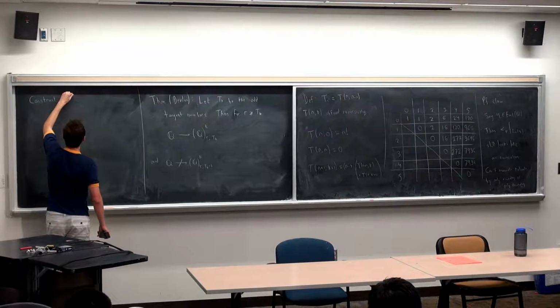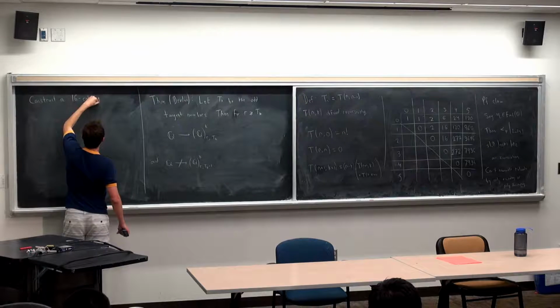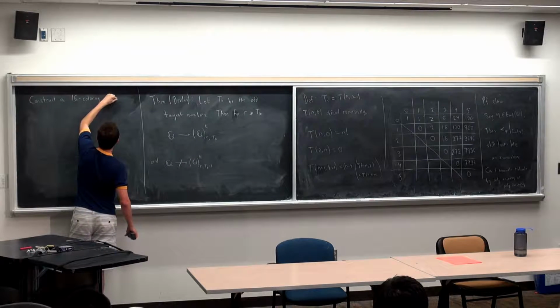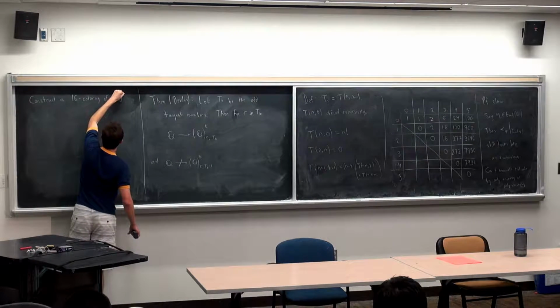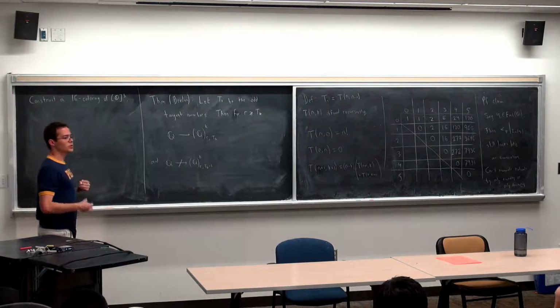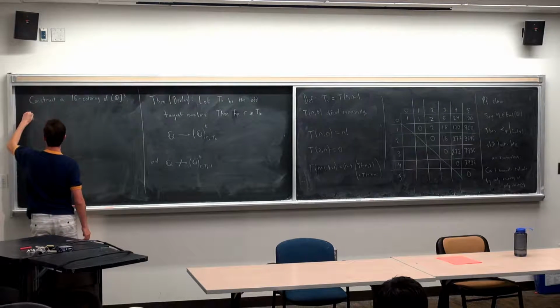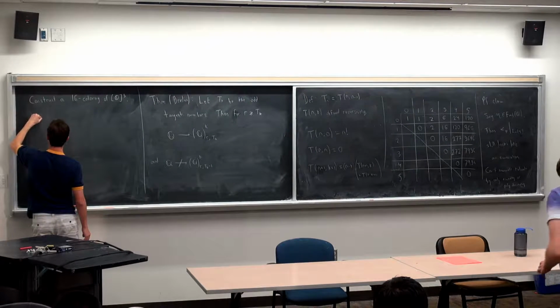Construct a 16 coloring of triples. So we are going to enumerate the rationals.